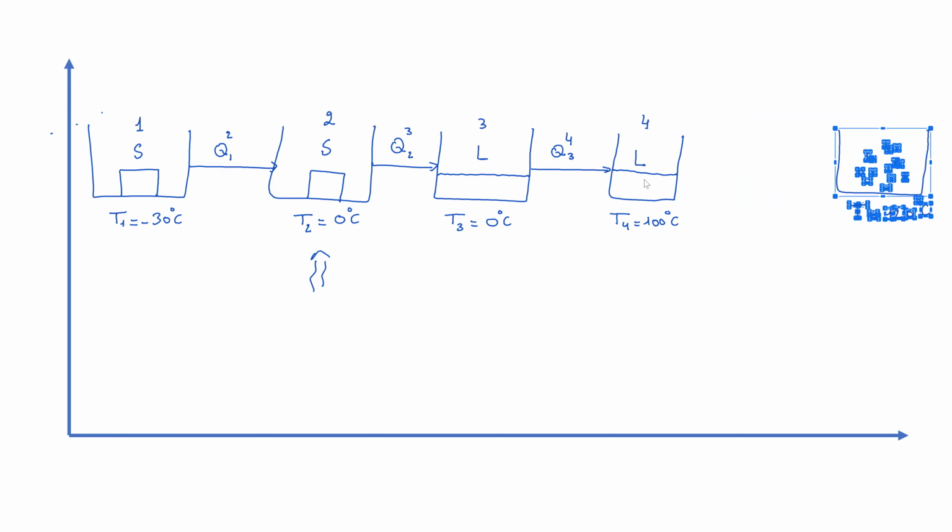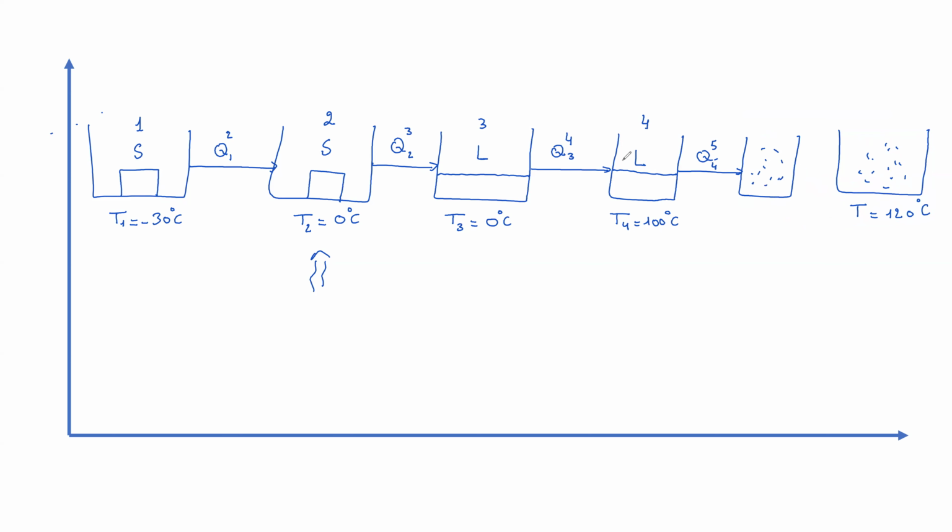Now, finally, we have to add Q heat to pass, excuse me, from state 4 to 5, where the water is converted to steam.